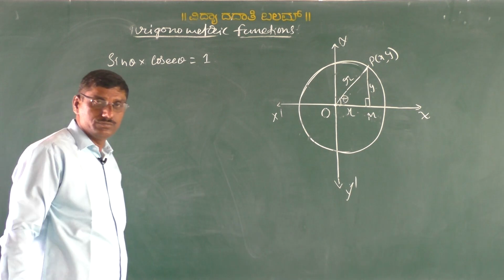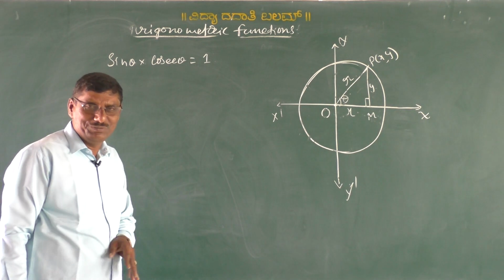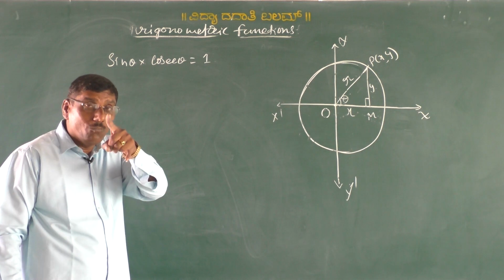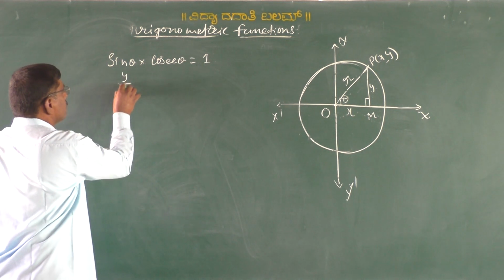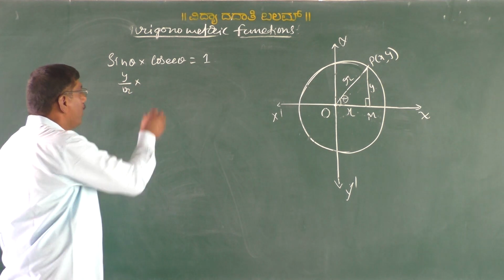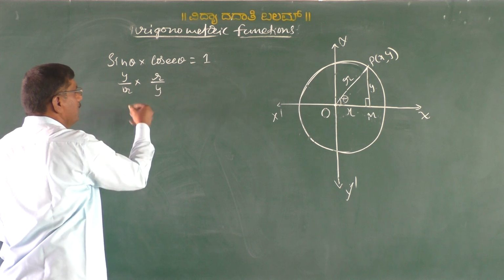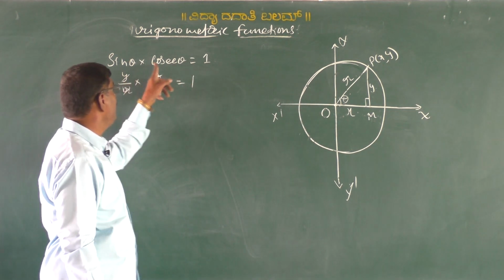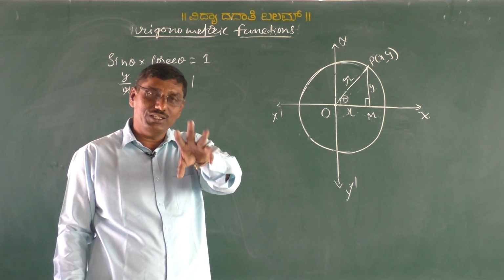How? We know the sin theta ratio is y by r, and the cosecant theta ratio is r by y. If we simplify these two, we get 1. That means sin theta into cosecant theta is equal to 1. That is one of the formulae.